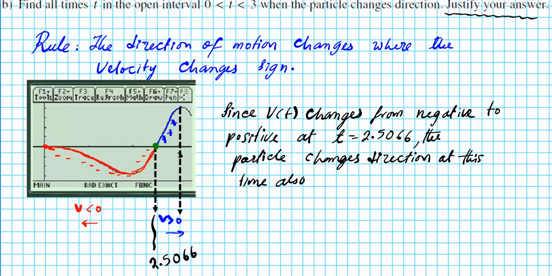Okay, so that's all you have to say. It changes from negative to positive, the particle changes direction.